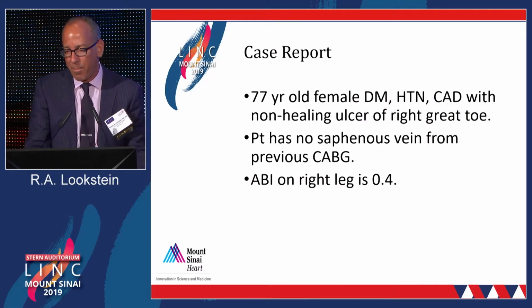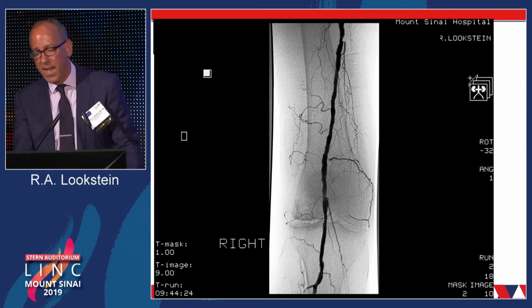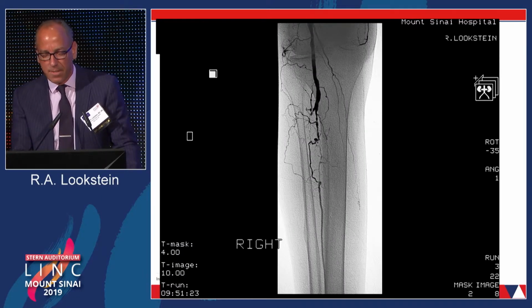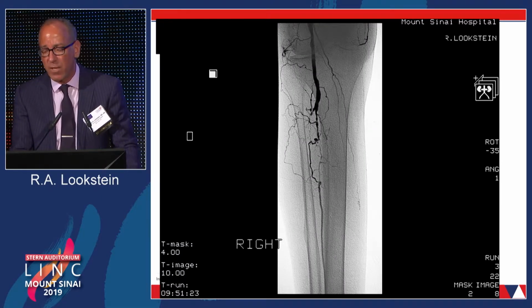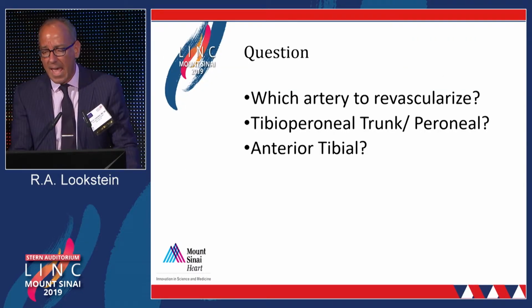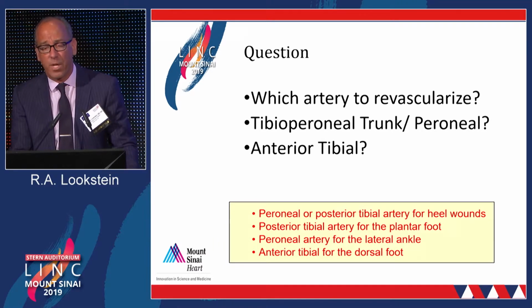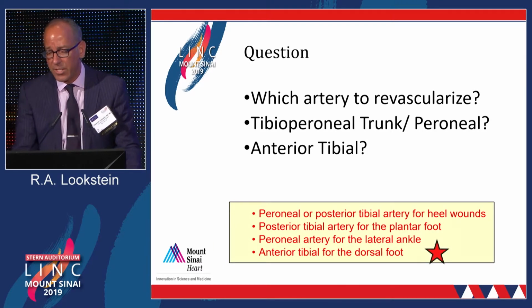Here's another example, in the last few moments I have left, a great toe ulcer. The SFA is remotely diseased, but not significantly. Single vessel runoff through a reconstituted peroneal. The distal anterior tibial artery and dorsalis pedis artery reconstitute. And obviously the question is, which do you revascularize here? If you want to go for the dorsal foot and the toe ulcer, you would choose the anterior tibial artery.